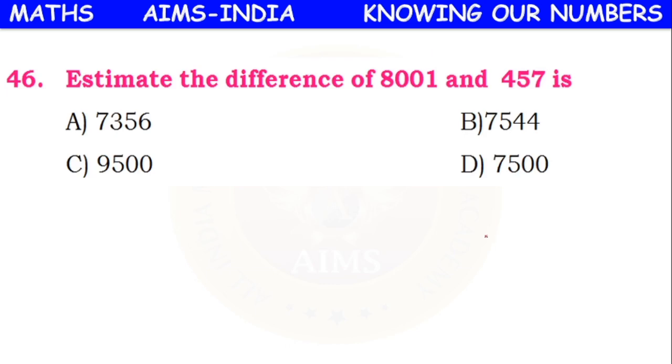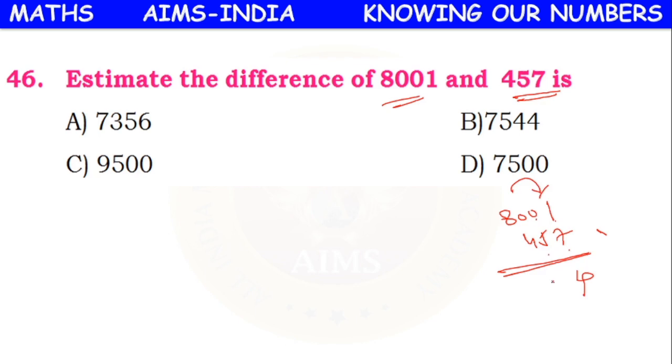Next. Estimate the difference of 8001 and 457. They have not mentioned nearest 10 or 100, so let's subtract directly. From 1, 7 we cannot remove, we can borrow 1. From 11, 7 goes, means 4.